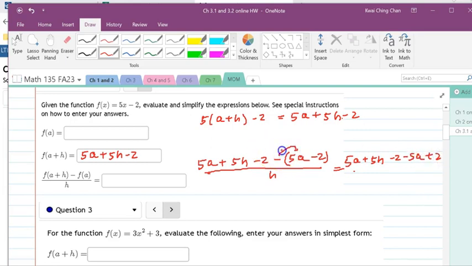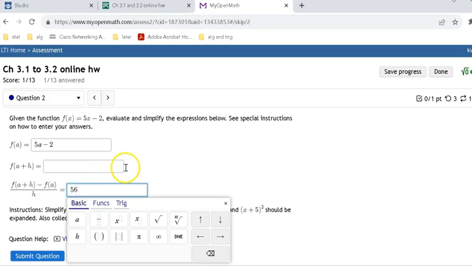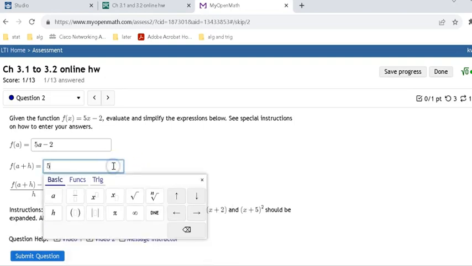Minus 2 plus 2 gets rid of it, 5a minus 5a is gone. So only 5h over h. H and h cancel, and it is equal to 5. So this is 5, and this is 5a plus 5h minus 2.